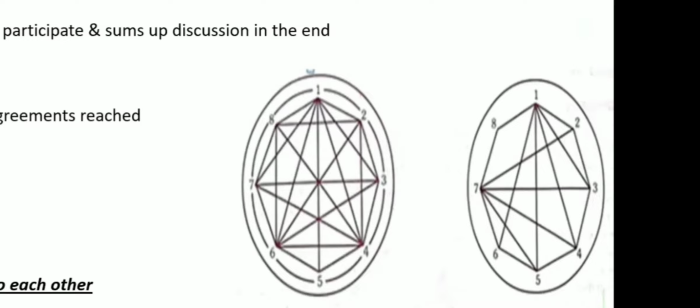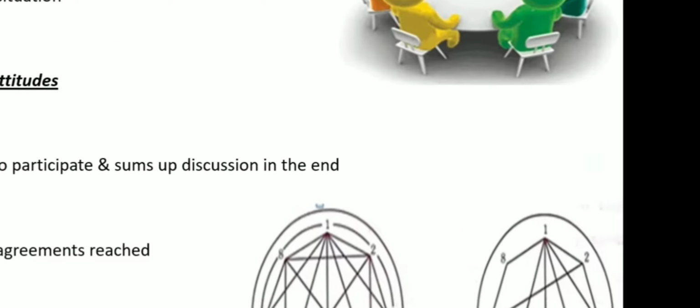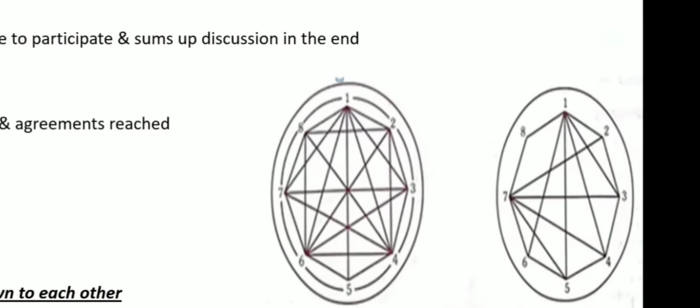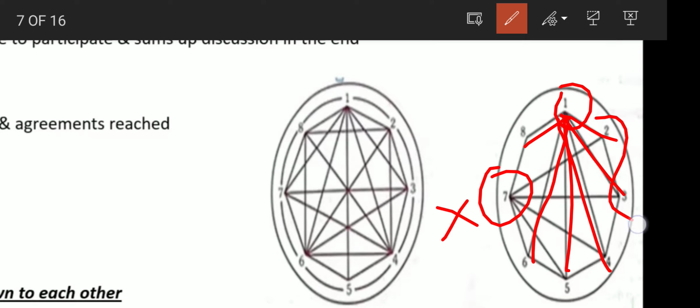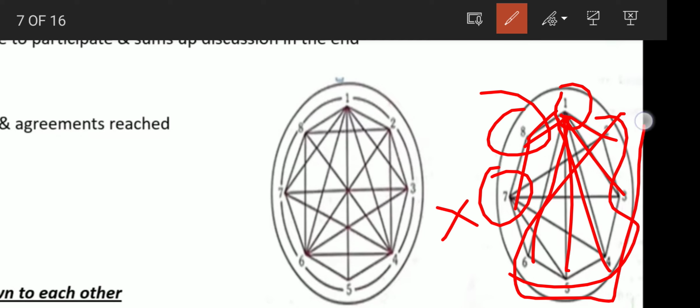You can see here the unequal participation. One is participating with 8, 2, 6, 5, 4, 3, but not with 7. Look at 8, he's only communicating with 1 and 7, with no communication with the rest of the group.